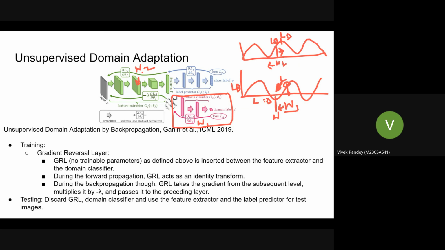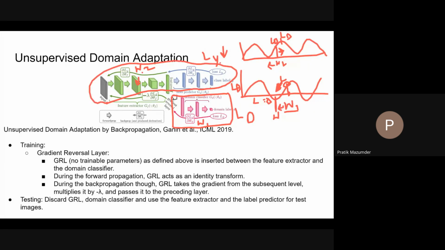One general question, sir: why do we want to increase loss in the feature extraction layer? Not both the losses. We want to increase only the domain loss, while we try to reduce the loss for your class predictor, because we want this feature extractor to give good information so that I can extract whether it's a cat or a dog.